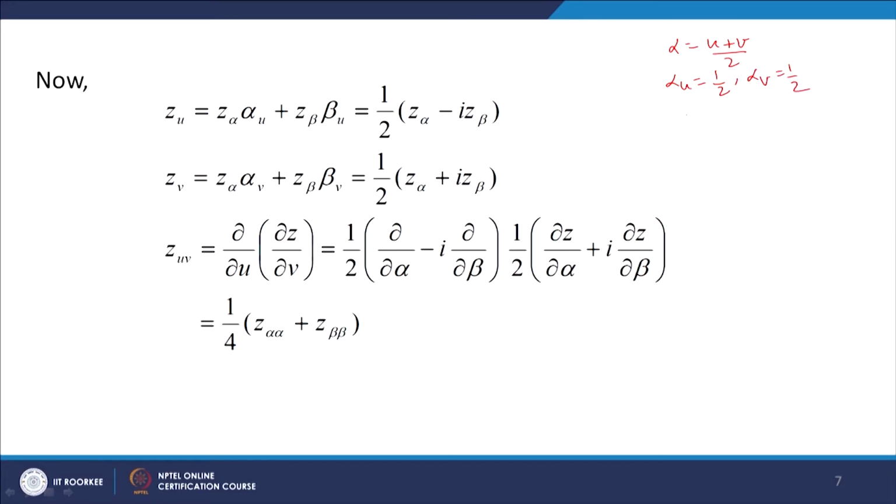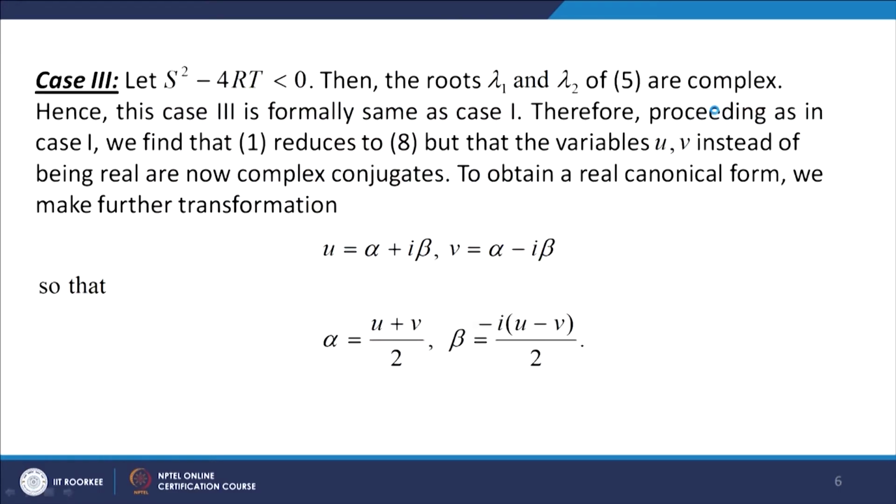And beta: 2i beta equal to U minus V. So beta is equal to 1 over 2i into (U minus V). Since i square is equal to minus 1, 1 over i is minus i.